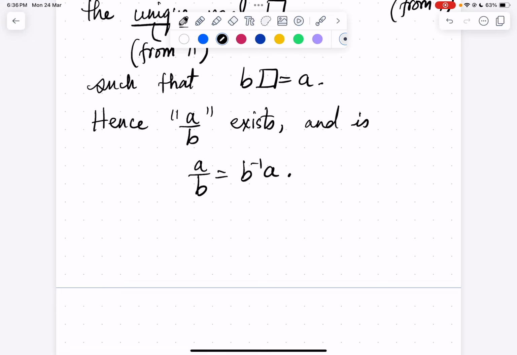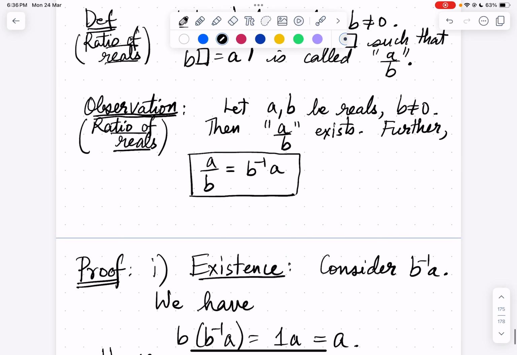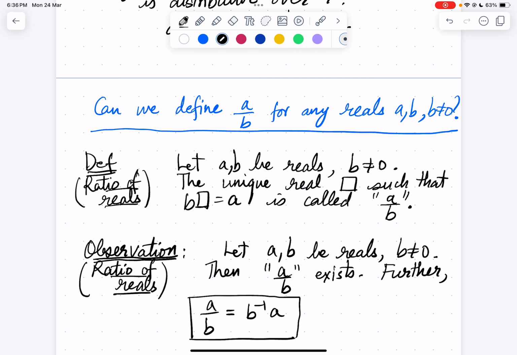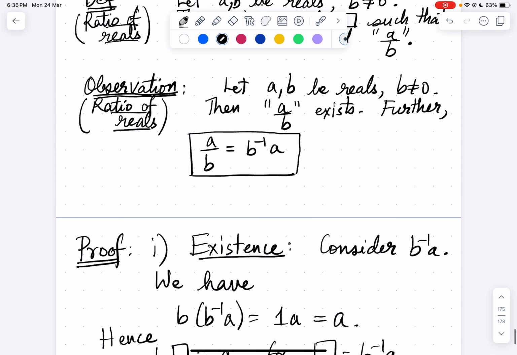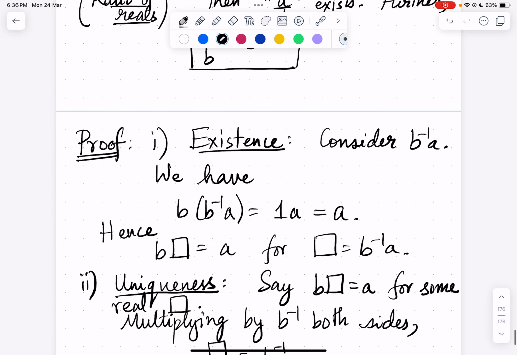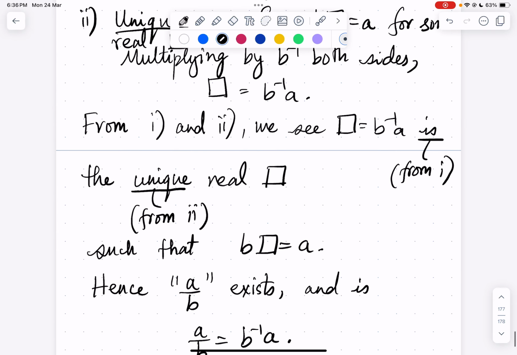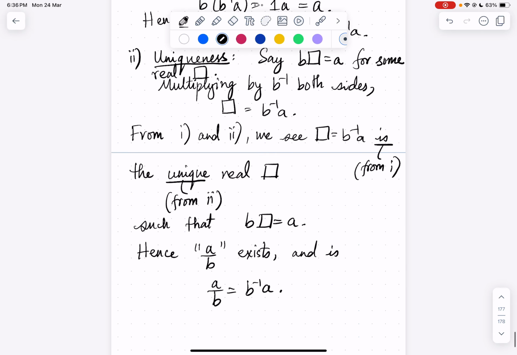So we showed the ratio of any two real numbers defined as above. So ratio of any two real numbers a and b where b is not equal to 0. This is the definition: the unique point such that b times that point is a. That point is called a by b. So we showed that a by b exists and a by b is just the multiplicative inverse of b times a. So we showed this like we did for rationals.